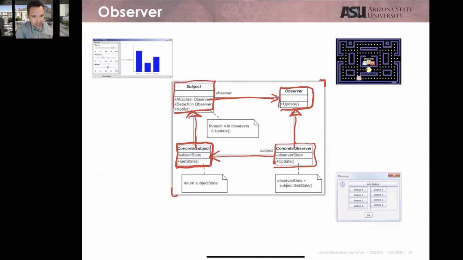And what is happening there, even without reading the names of the classes, is that one needs information from the other. This one can be the Pac-Man. This one can be the ghost. The connection between them is association, inheritance, association.